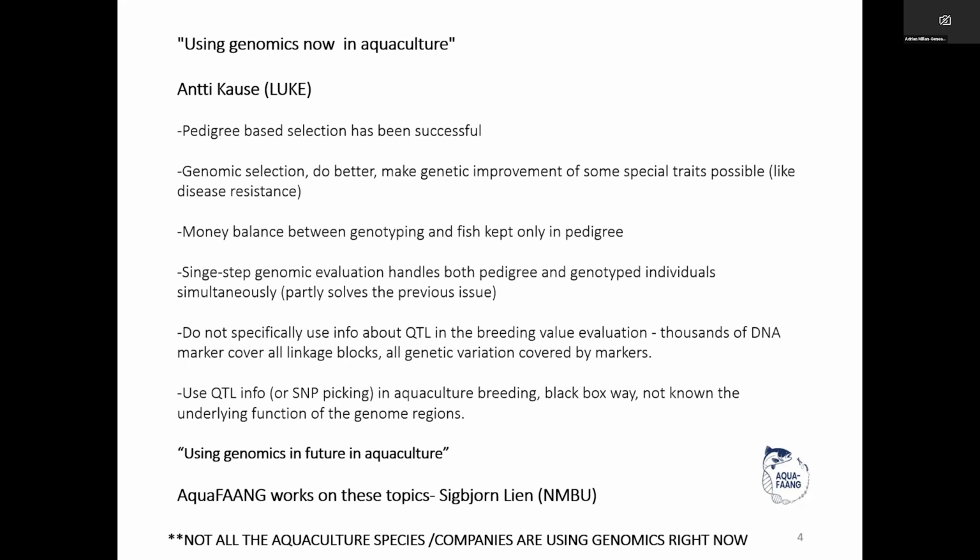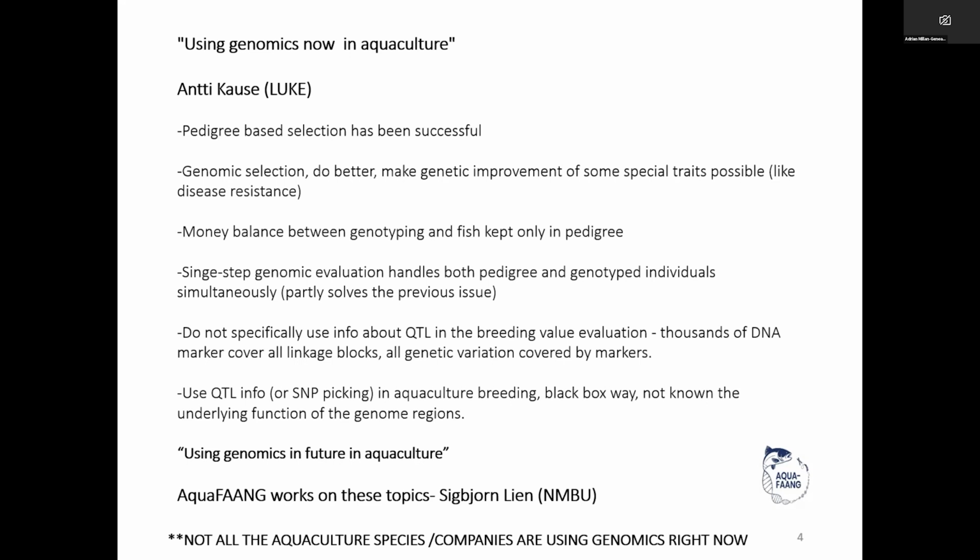Probably you use some QTLs in the breeding value evaluation, but with thousands of markers we have covered all the genome. And sometimes you use some QTL info, SNP picking, in aquaculture breeding. And this is all the things that you could do with aquaculture now.